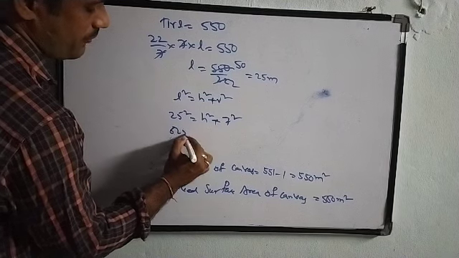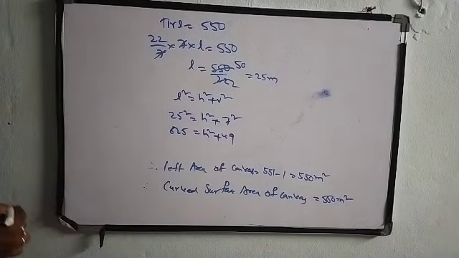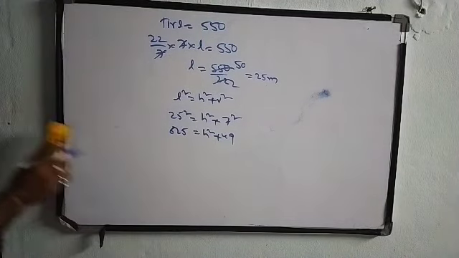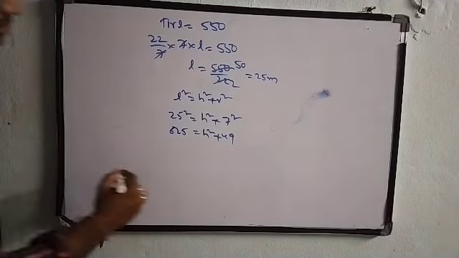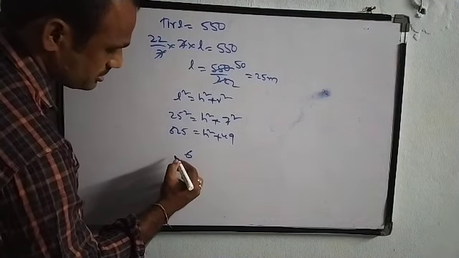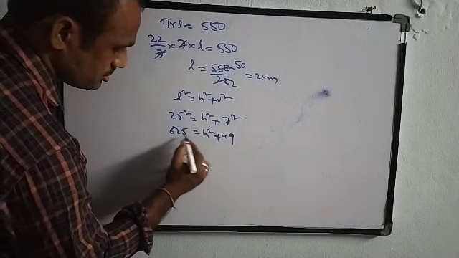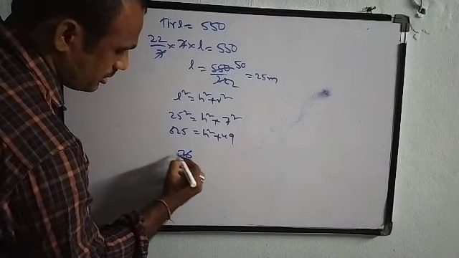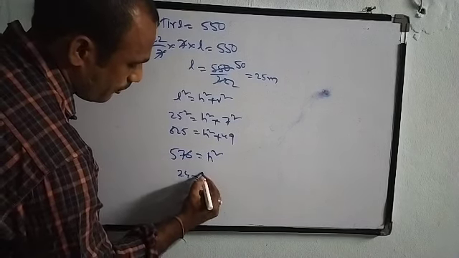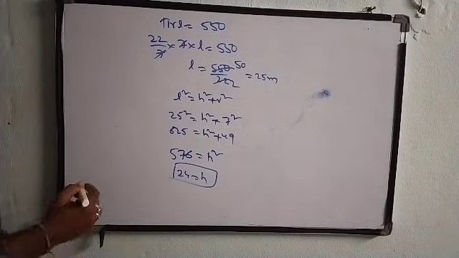So 625 is H square plus 49. So 576 is equal to H square, that is 24 is equal to H. So height of the cone is 24.